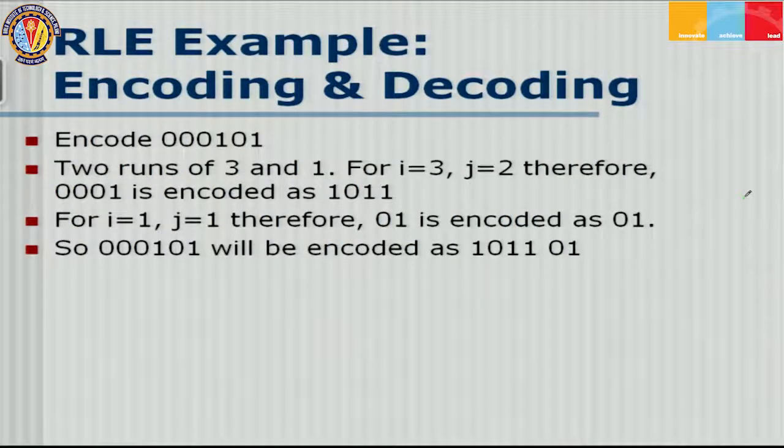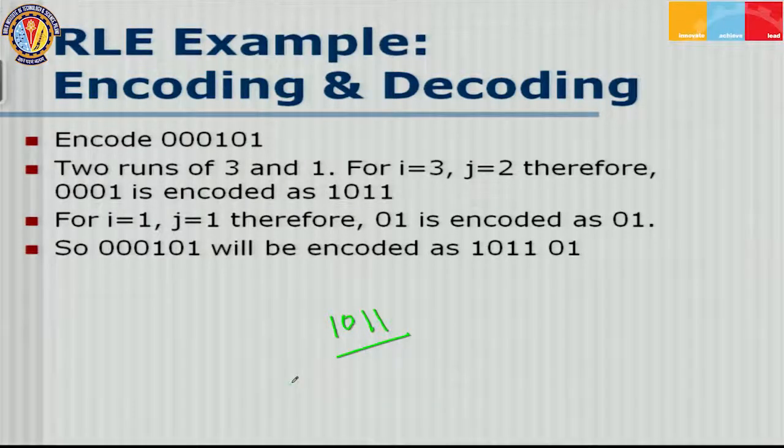So encode 0001 01, so 2 runs of 3 and 1. This is the same example I took earlier, where I used simply the binary representation of I. So I is equal to 3, therefore j is equal to 2. So I write j minus 1 once, that means 1 followed by a 0, and then followed by 3 in binary, 11.